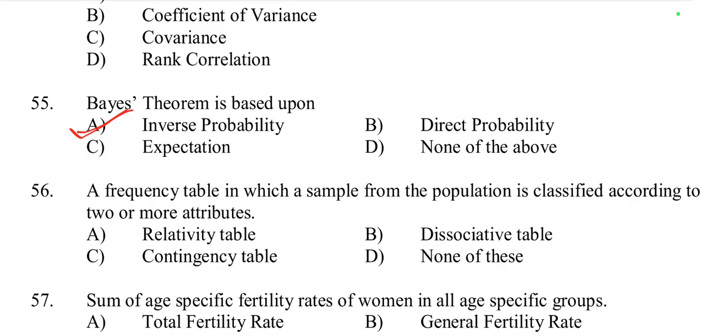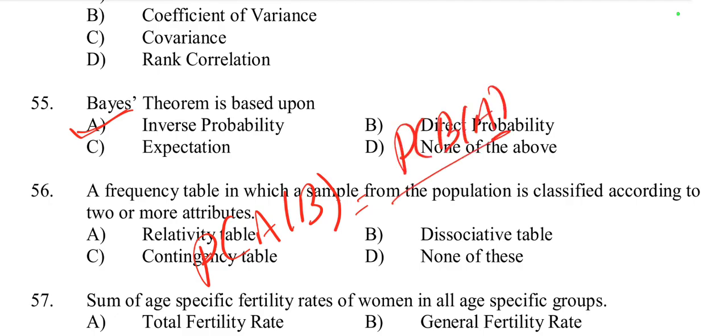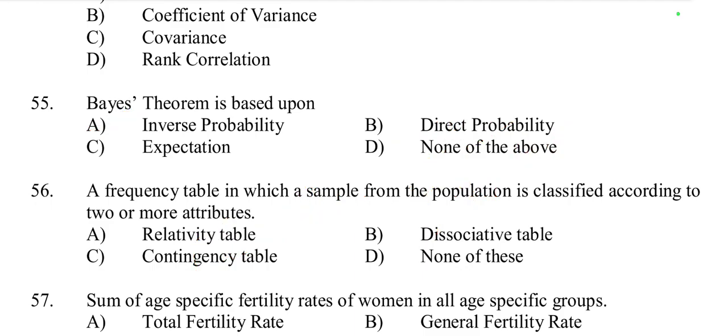It uses inverse or posterior probability. Suppose probability of A given B is equal to probability of B given A into probability of A, divided by probability of B.